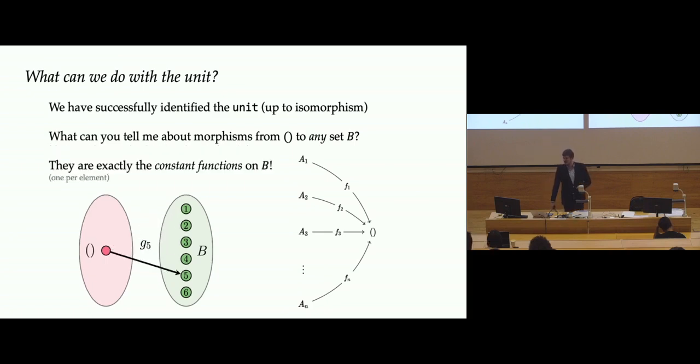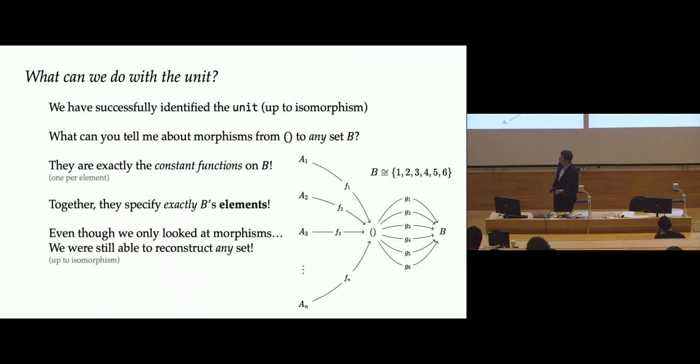So there will be exactly one morphism per element of B. I've numbered them here just to make the notation consistent. And that's the reason why they're sometimes known as constant functions. This is particularly useful in functional programming where everything is a function. So constants can be interpreted as functions from unit to the set of inputs of your particular type. And in some sense, you can uniquely identify every single element of a set just by the morphisms that come out of unit and connect it to that element.